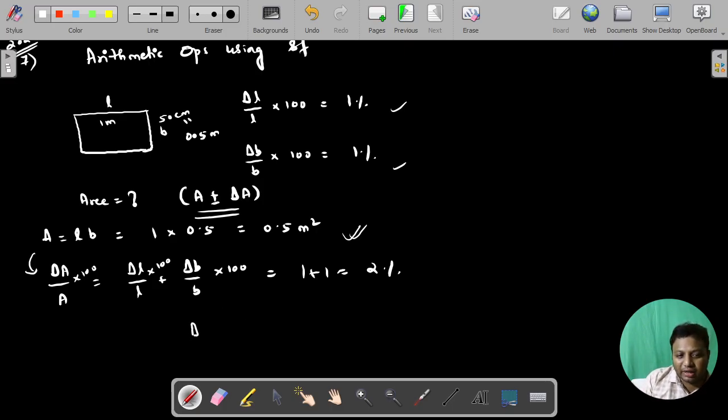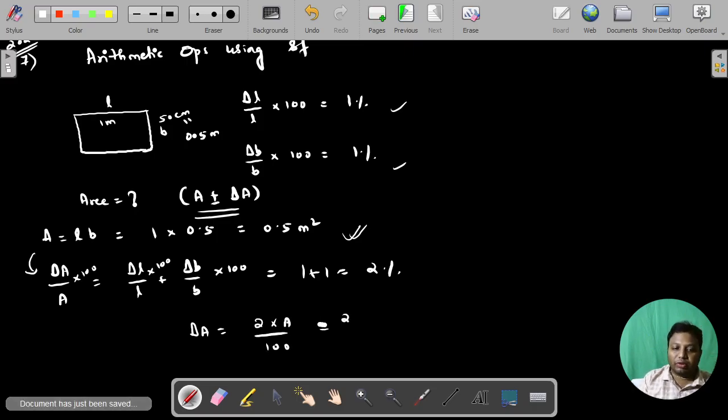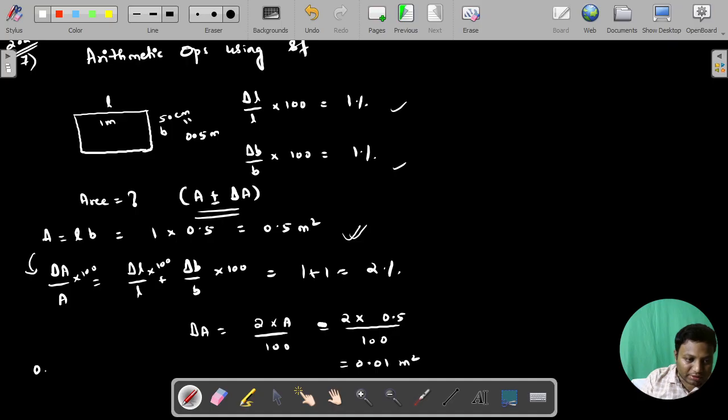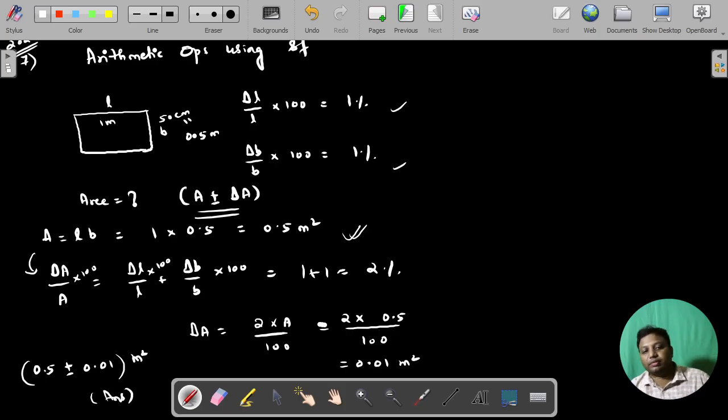We have to calculate delta A only. So delta A is 2 into A by 100. 2 into A means what we got? 0.5 is the area we got, divided by 100. 1 by 100 means 0.01 meter square. So the final answer is expressed as 0.5 plus or minus 0.01 meter square. This is how we express the final answer. Okay.